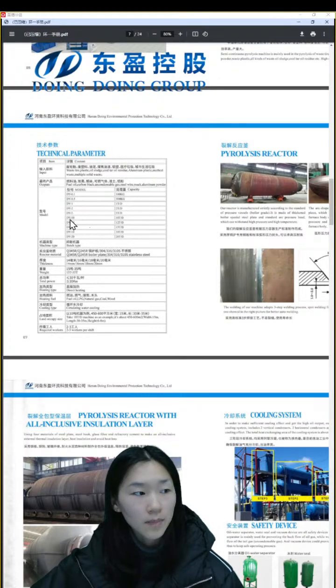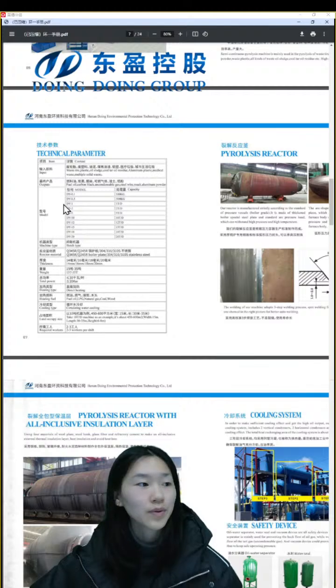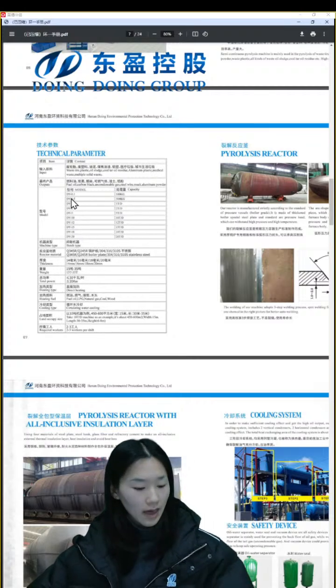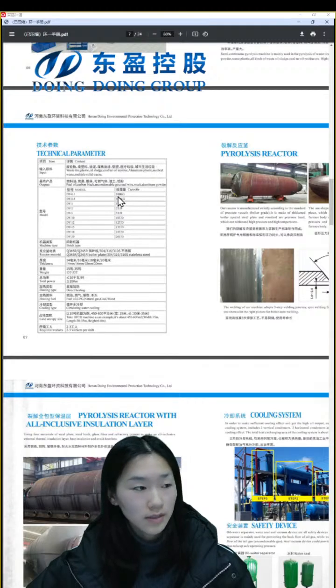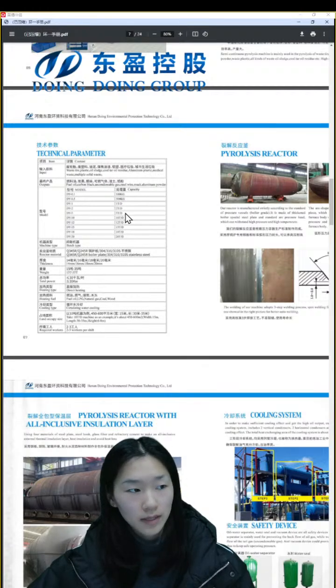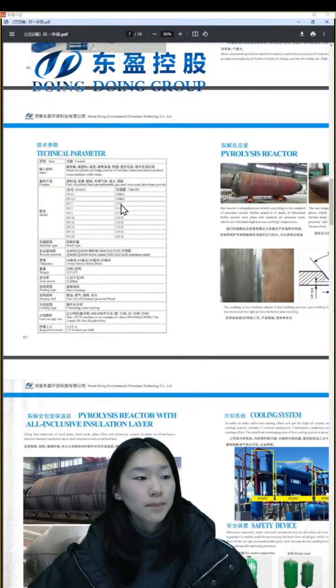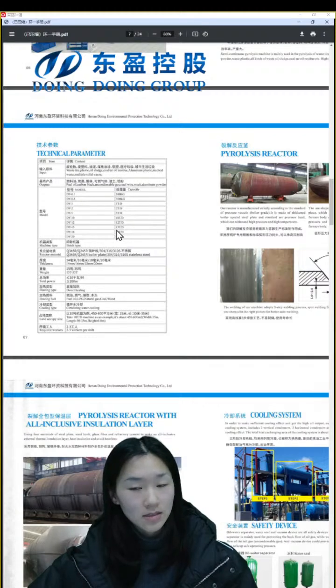For our capacities, you can see we have 100 kg and 500 kg, 1 ton per day, 2 tons per day, 5 tons per day. The biggest capacity is 15 tons per day.